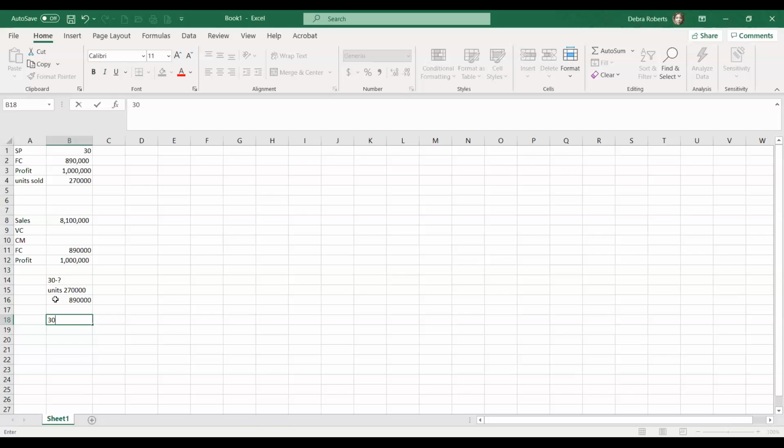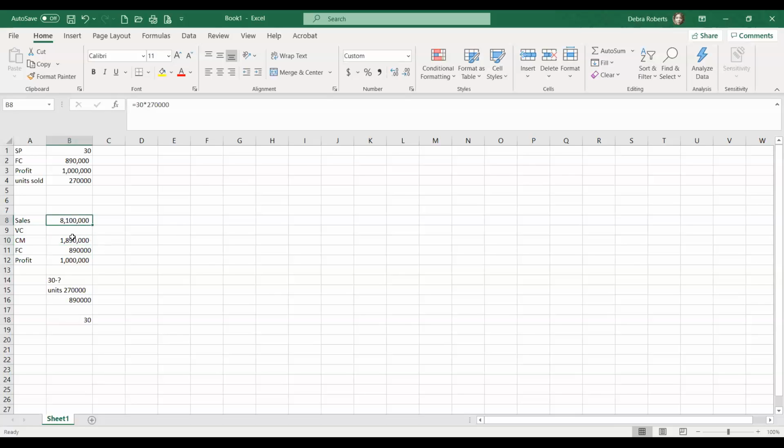And so what I did, now I know what my sales are, and I don't know what my contribution margin is, but I can guess and see what it is. So by taking the 890 and adding the 1 million, I get a contribution margin of 1,890,000.